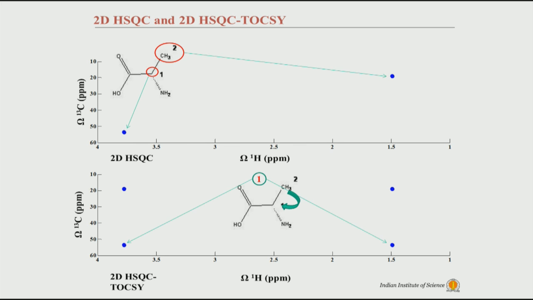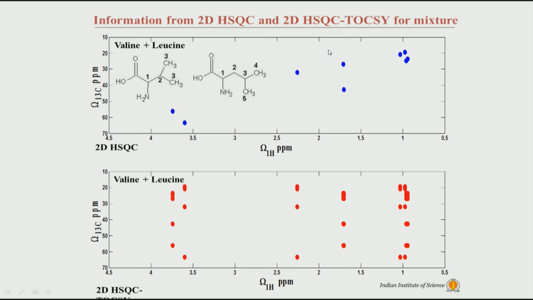So, therefore, we need to find out which peak belongs to which molecule, and this experiment HSQC-TOCSY comes into help for that kind of a system, where you want to find out what are the molecules present in the mixture. So, let us say that we take an example here, we take a mixture of an amino acid called valine with another amino acid leucine. So, let us say I have a mixture, means I have combined the two in my sample and I have mixed.